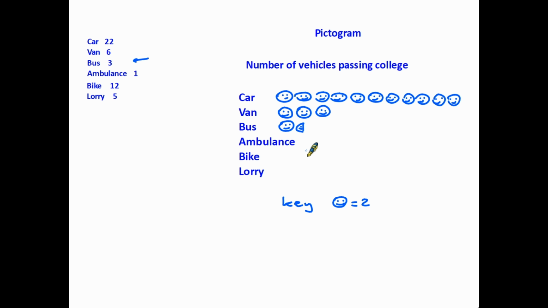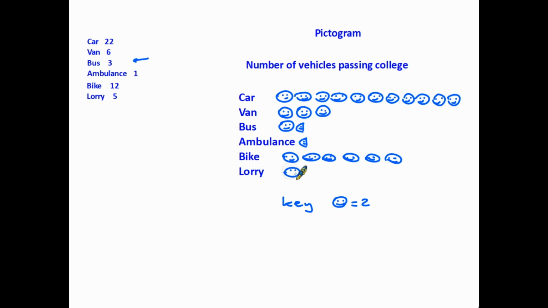Ambulance 1, again, it's an odd number, therefore ambulance will be again half a face. Bikes is okay because 2, 4, 6, 8, 10, 12, it's a nice even number, therefore I can represent it.